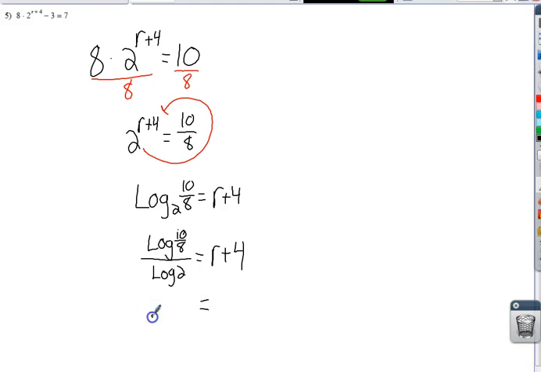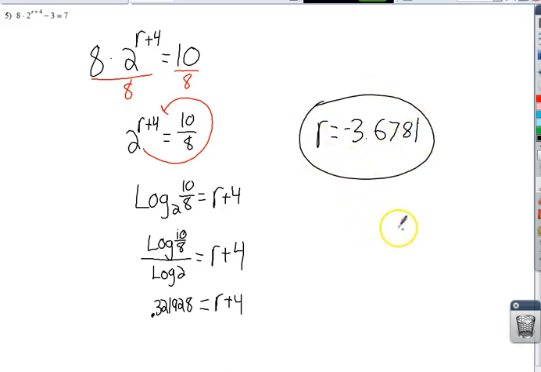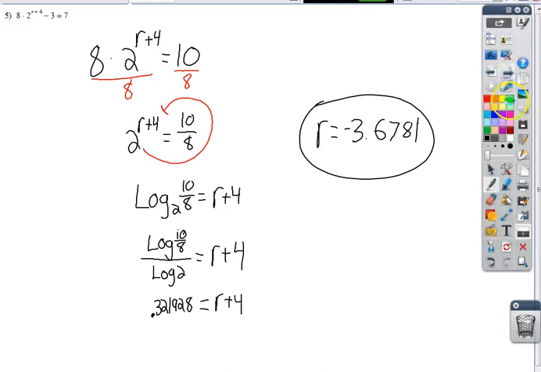So, here we go. This is 3, 2, 1, 9, 2, 8, so on and so forth. That's r plus 4. I subtract 4 and get r equal to negative 3.6781. Circle and continue.